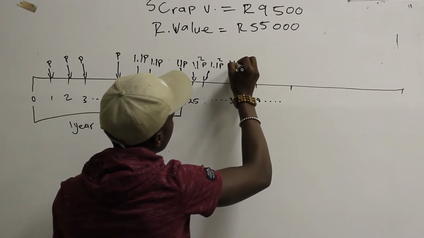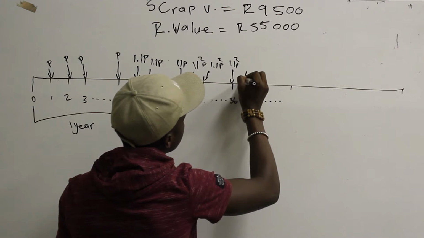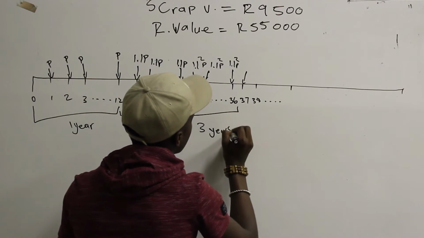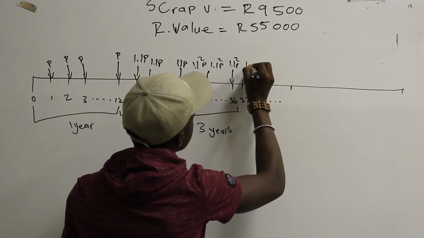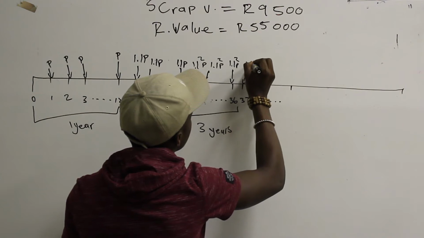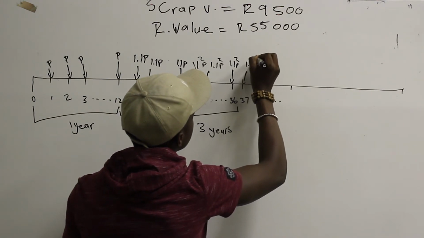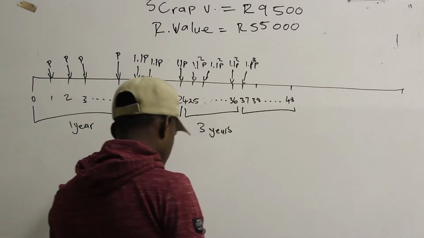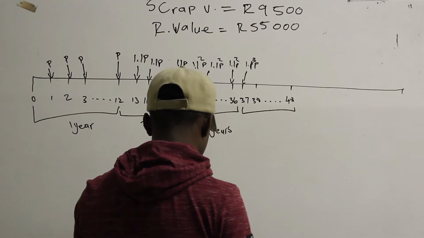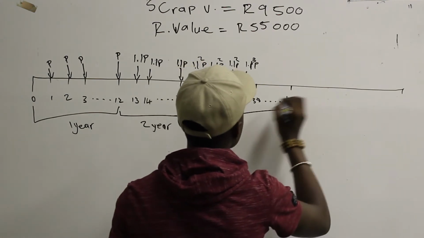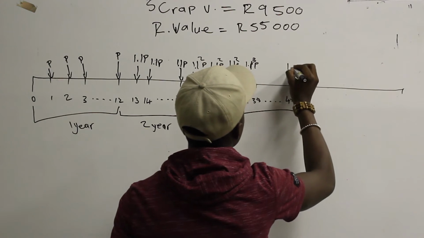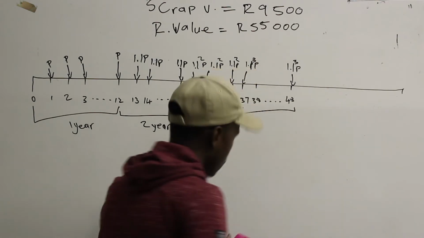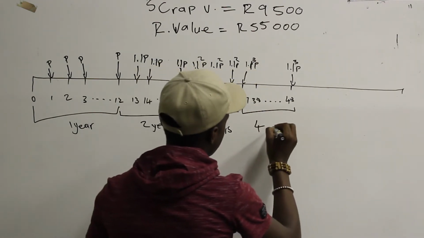From here to 36, it's 3 years. So from 37 to 48, it will be 1.1 cubed P. Then now I want to check the difference.